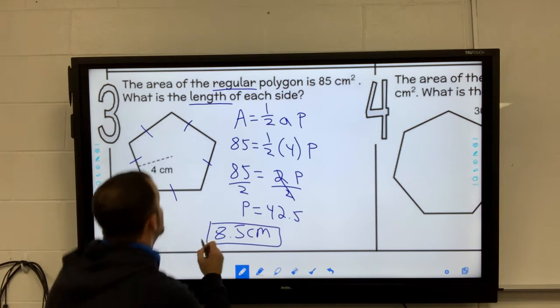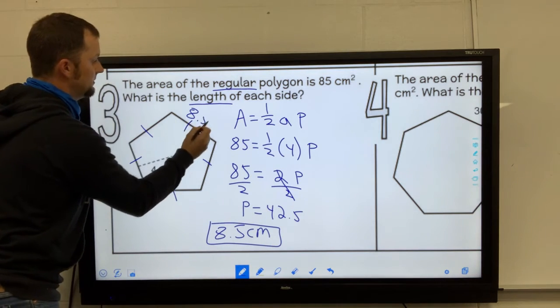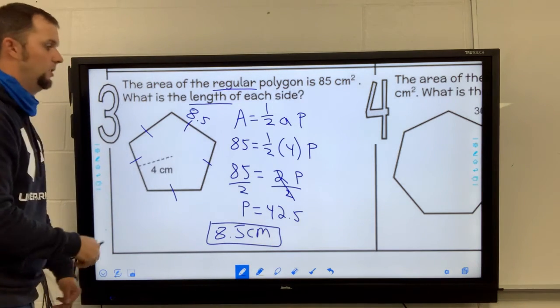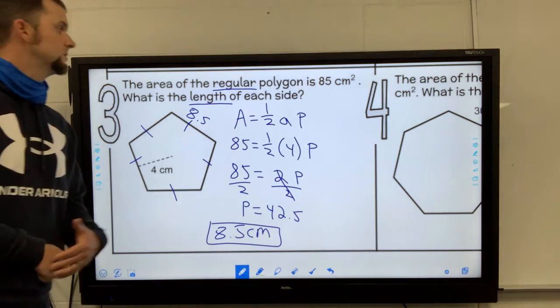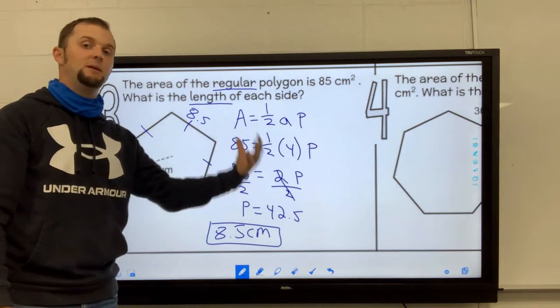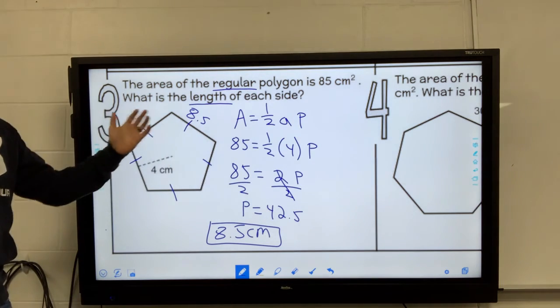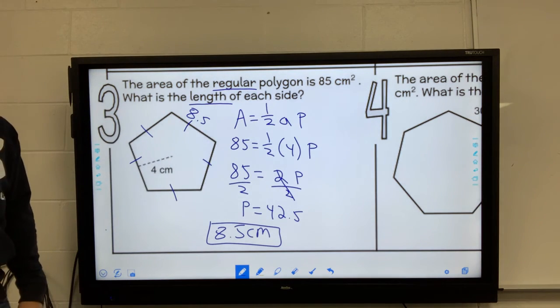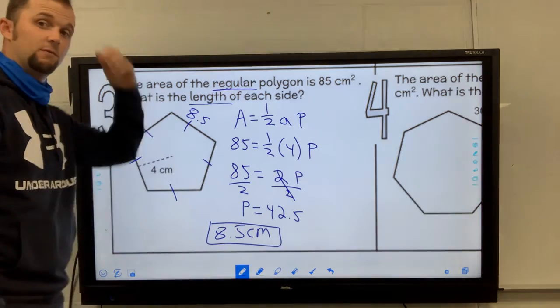So the length of each one of these sides is going to be 8.5 centimeters all the way around. So ladies and gentlemen, this is how you would take the area given and find a piece of the puzzle that you need to figure out, which in this case is the length of each side. Let's jump over to example number 4.